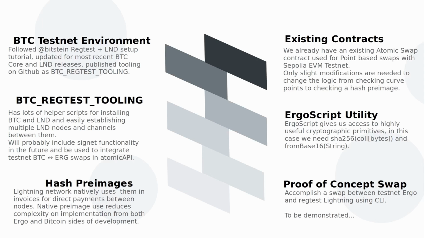Bitcoin Reg Test Tooling has a lot of helper scripts for installing Bitcoin and LND nodes. Makes it easy to send funds to them, establish channels for them, and all sorts of things that you might need to do. We're also going to use the tooling environment to help us integrate it into our software later.